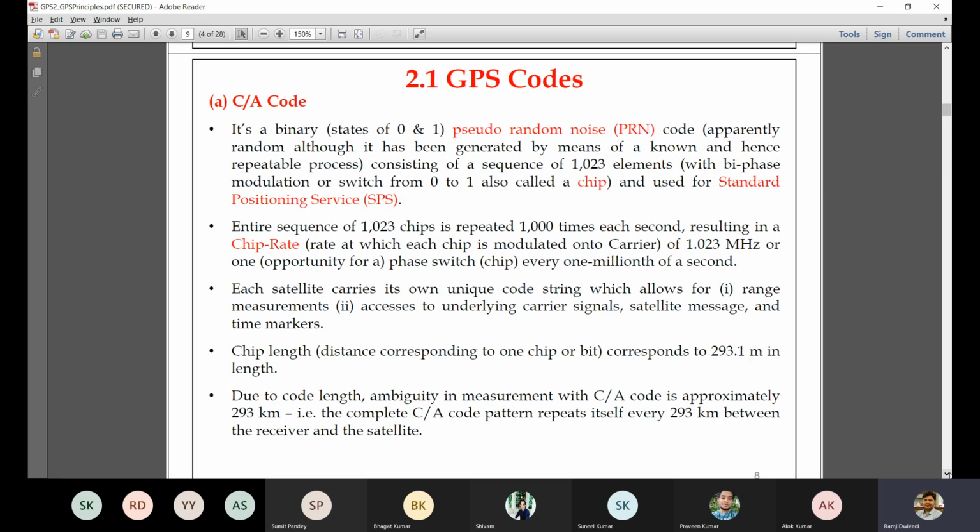That means per second you have 1 million cycles. The chipping rate is the rate at which the chips are being modulated over the carrier, 1.023 megahertz. But how is it achieved? It is achieved because the entire sequence of 1023 chips is repeated 1,000 times in each second.